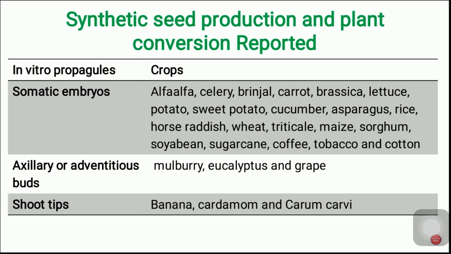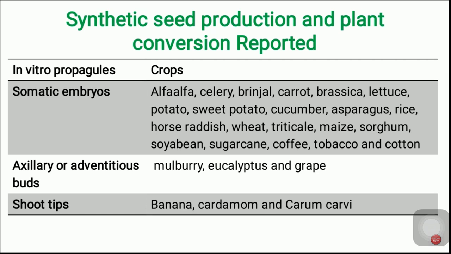So now we will see synthetic seed production with different propagules as material. Somatic embryos are widely used to produce artificial seed in crops like alfalfa, celery, brinjal, carrot, brassica, lettuce, potato, sweet potato, cucumber, asparagus, rice, horseradish, wheat, triticale, maize, sorghum, soybean, sugarcane, coffee, tobacco and cotton.